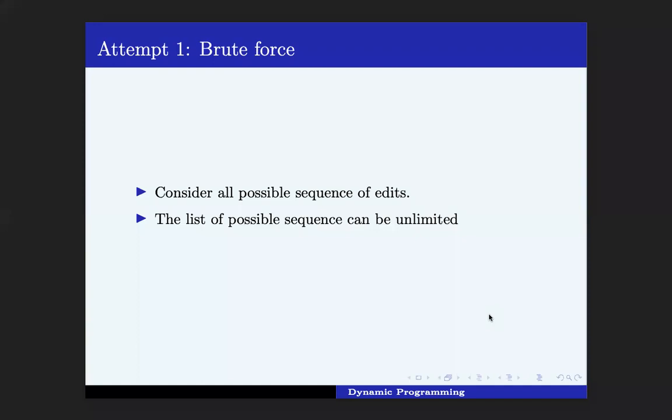If you are allowed to make 100 edits, what is the maximum number of possible sets of edits that are there? 3 to the power of max of M and N. Or 3 to the power of that number, right?